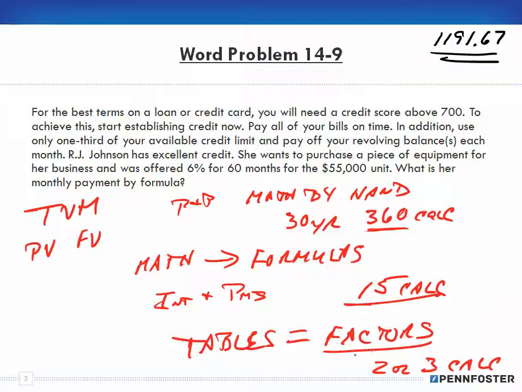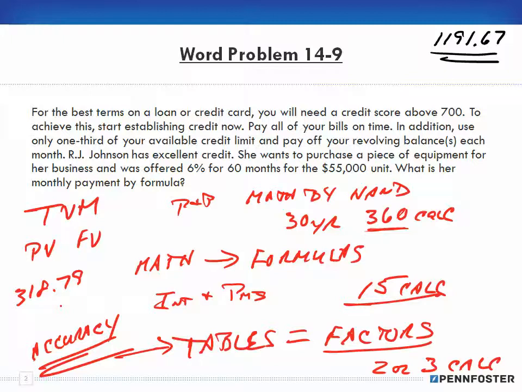However, in doing it using the tables, we give up a certain amount of accuracy. I'm just going to make something up here. If we use the formulas, maybe we had $318.79, but if we use the tables, we might have had $318.93, and that's due to rounding.